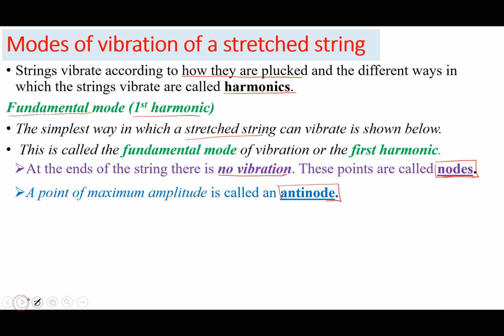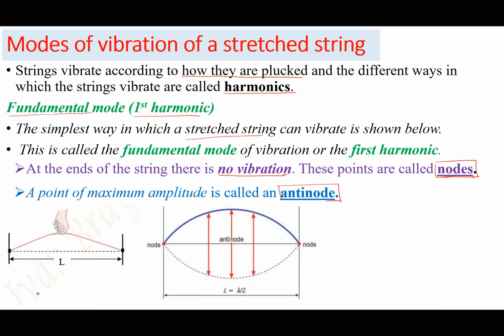So this is what I was talking about here. Here we have a guitar string which is being plucked. The simplest mode of vibration of this guitar string is when it just forms a single loop during its vibration. So there are points at the fixed ends where the particles cannot vibrate, or where the string is not vibrating, and those points we call nodes.